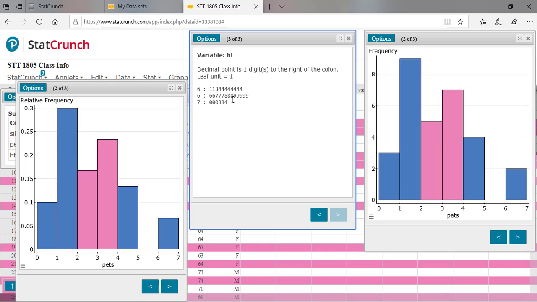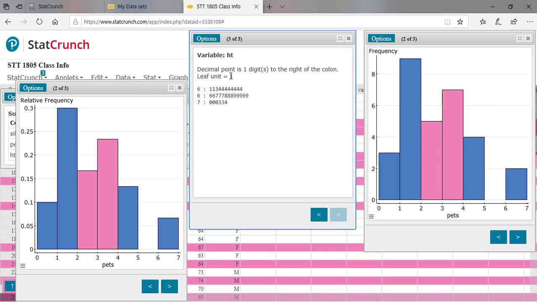Notice again the key is modifying depending on the data. Here we have leaf unit equal to 1. So as I read this, I'm going to see a 61, right, for the first piece. And here's another 61, 63, 64, 64. So this is the way we read it, right? Down here we have 66, 66, 67.